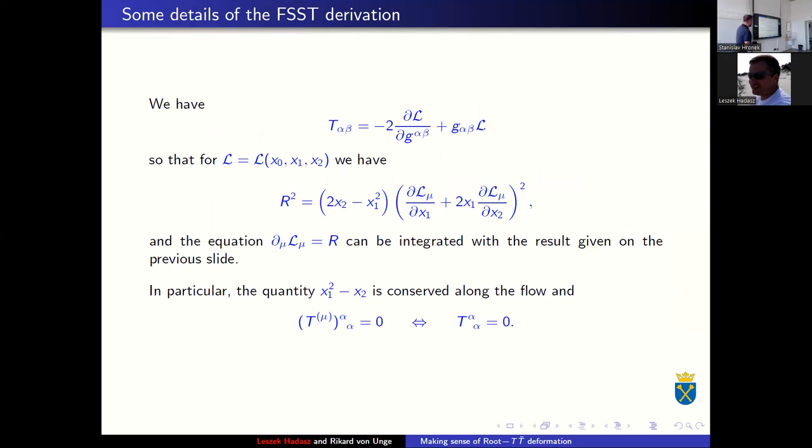And in particular, which I think could have been expected from the fact that this operator is marginal, if the trace of the undeformed energy momentum stress tensor is 0, then the deformation preserves this fact. So it would be like a classical proof for this model that once you started from the conformal model, you stay within the space of conformal.